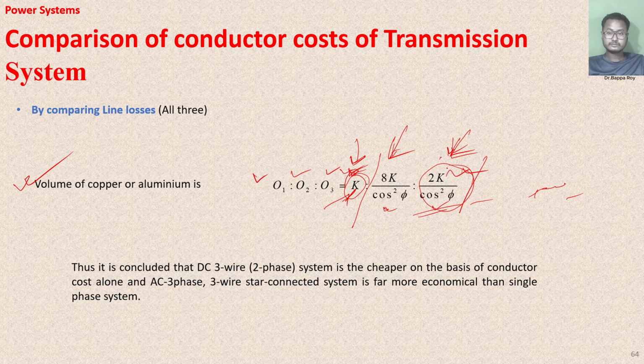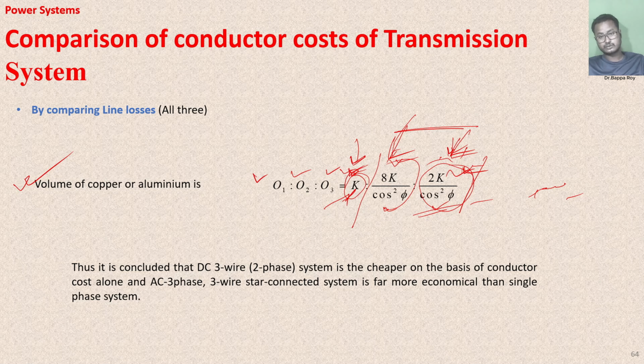But if we compare only these two, then we can see this value is less than this value. Surely, so it's cheaper. Three phase, three wire AC, three star connected, three phase, that one is cheaper than the two conductor AC. Is it clear? If you still have any doubts, you can comment in the comments.